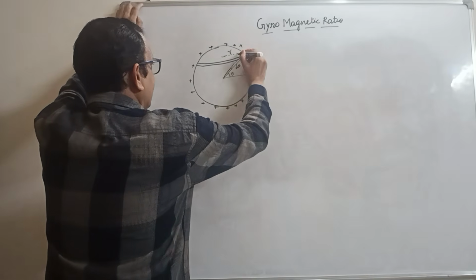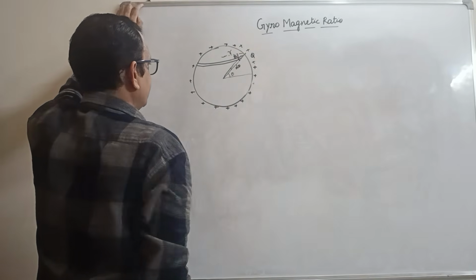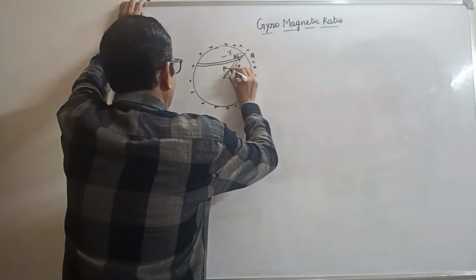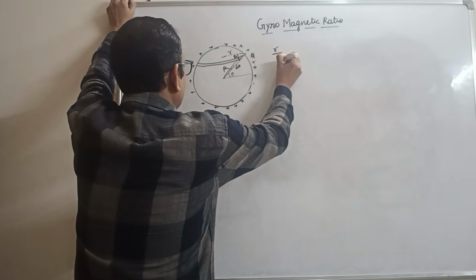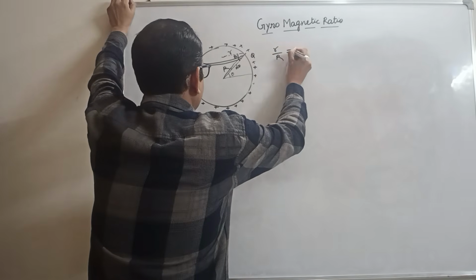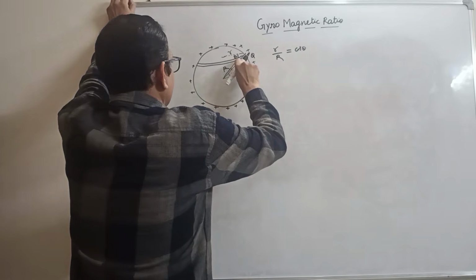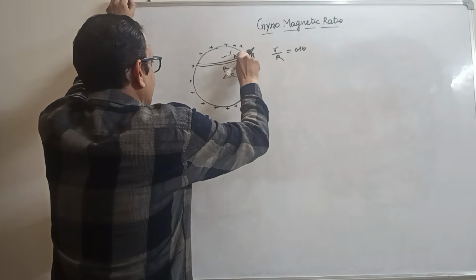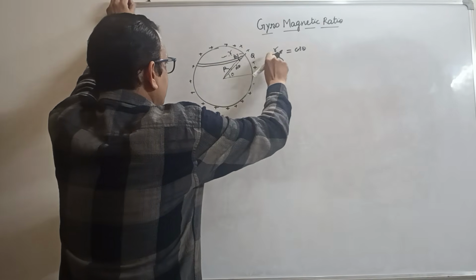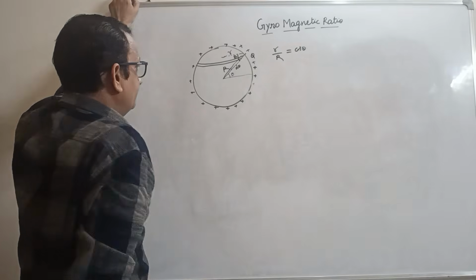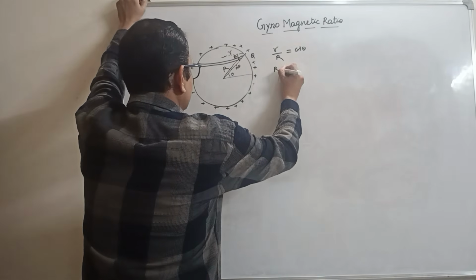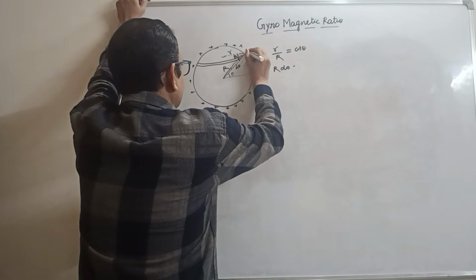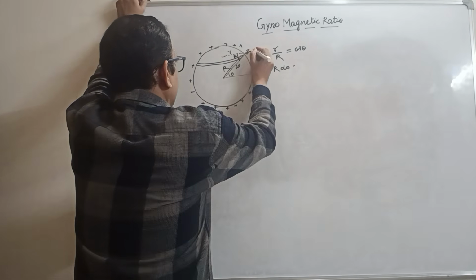So this angle is theta, so this angle is also theta. This is the radius r. So we can write here r by R is equal to cos theta, base upon hypotenuse. This becomes cos theta, and r d theta is equal to dr, this is the thickness.